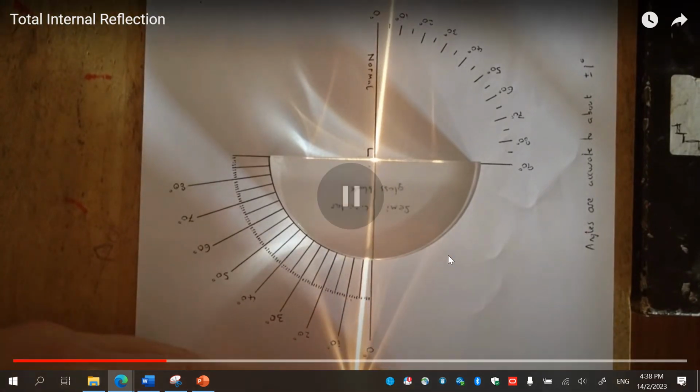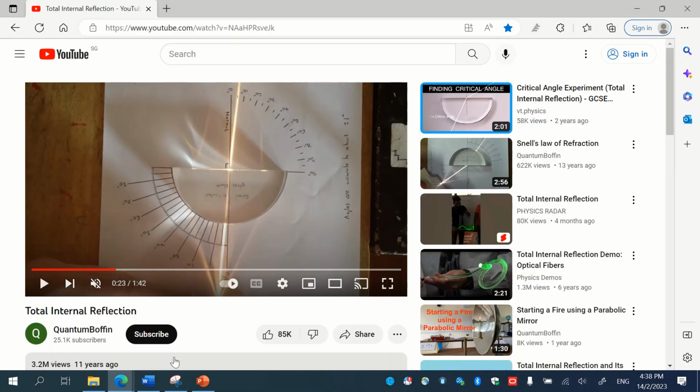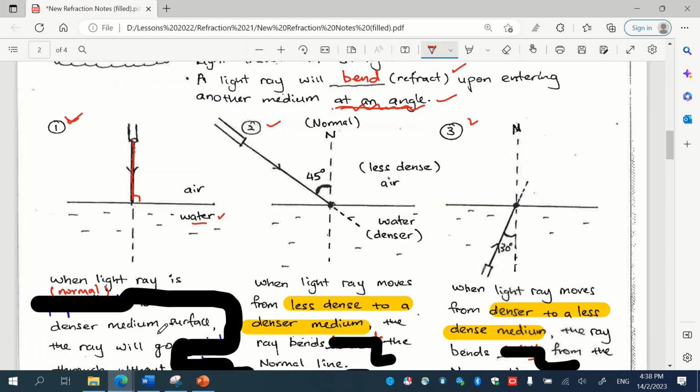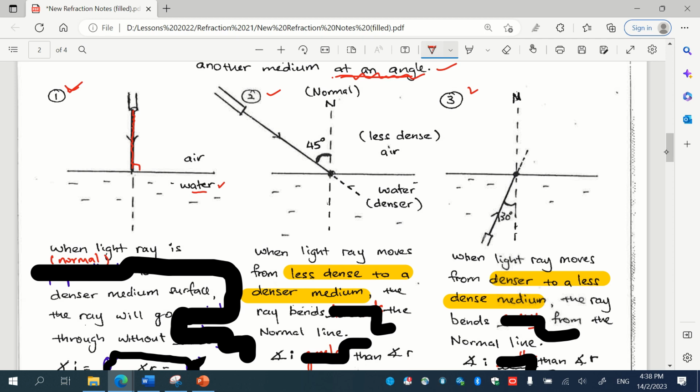So the first principle I want you to notice is that you can write this down. Let's take a ruler and a pen or a pencil to draw this first. When the ray is perpendicular, diagram number one, at the surface, it will go straight through the water. If you shine it out from water, it will go out to the air in a straight line without bending.